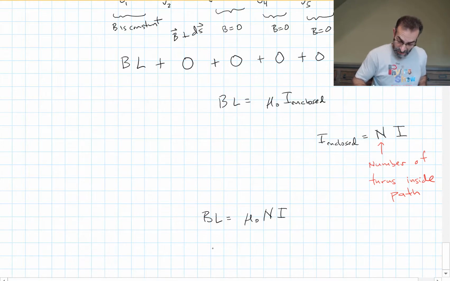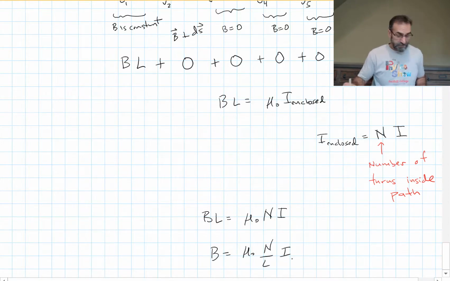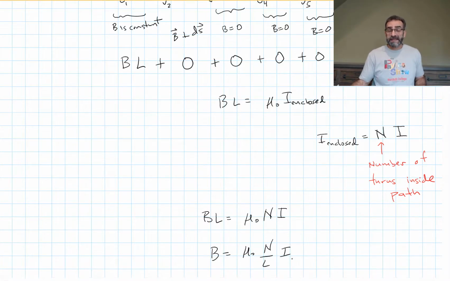And I divide both sides by L. And the number of turns per unit length is usually a constant for a solenoid. Once you start winding the turns on that cylinder, you get the same number of turns per unit length the whole way down the cylinder. So this is usually a number that's given for a solenoid.